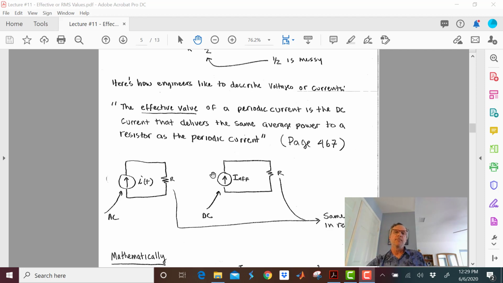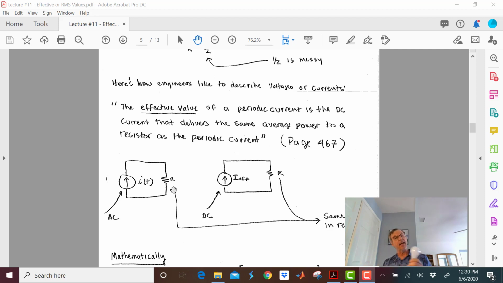But if I average this power, I'm going to get the exact same average power as this resistor. Let's make our resistors into light bulbs. Do I still have my light bulb? Sure do. So let's say that our resistor is our light bulb, and I'm going to put my hand over the one on the left, and then I'm going to put my hand on the one on the right, and I'm going to go, they're both just as hot.